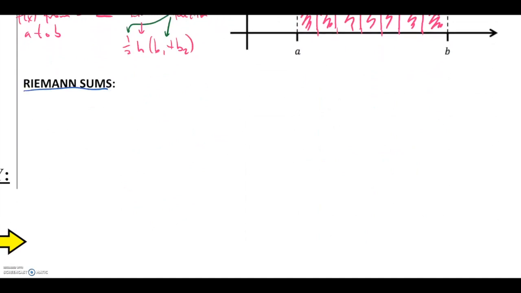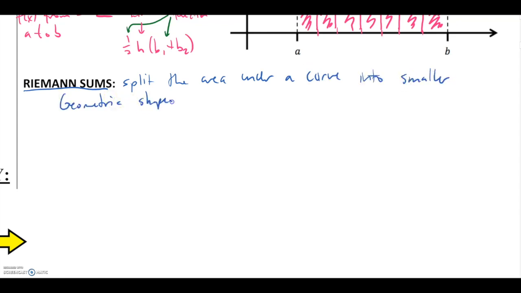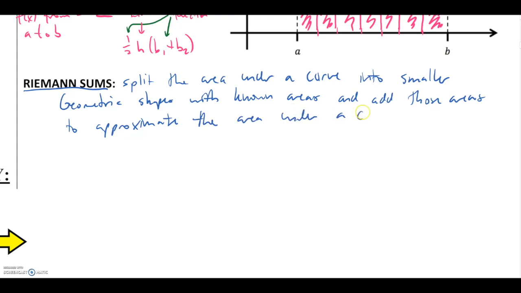And the idea behind a Riemann sum is that we split the area under a curve into smaller geometric shapes with known areas, and we add those areas to approximate the area under a curve. So in our case, we were splitting into rectangles to approximate that area, splitting into trapezoids, but all shapes that had known area formulas in order to make those calculations easier.